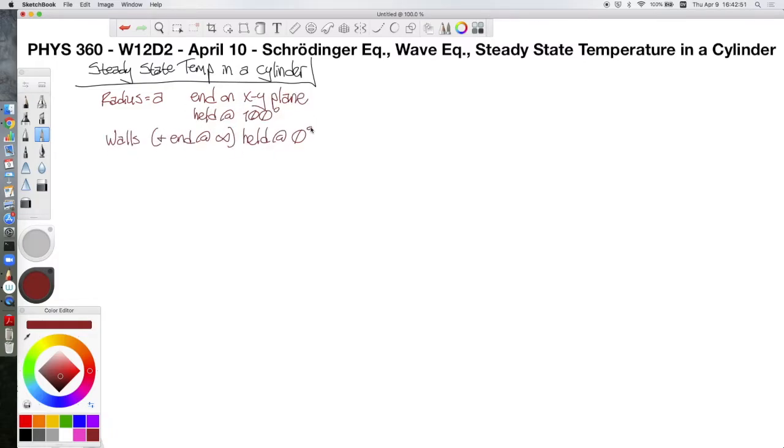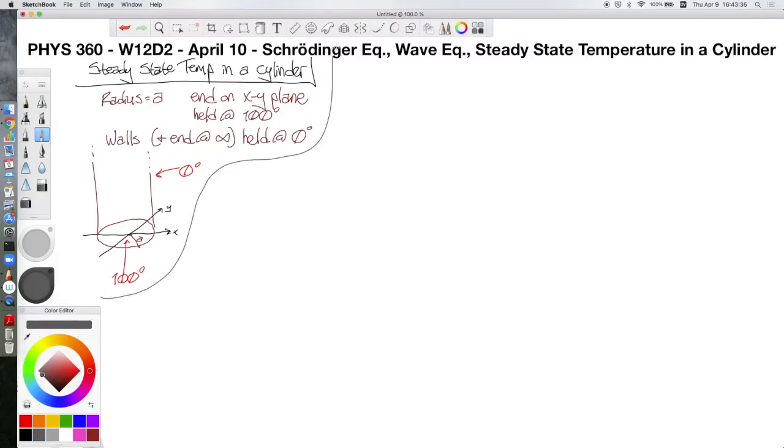So we're also going to hold the end at infinity at 0 degrees, so this is a semi-infinite cylinder. So it might look something like this if I were to attempt to draw a picture. And we want to find the temperature at any point within this cylinder once it's reached a steady state.